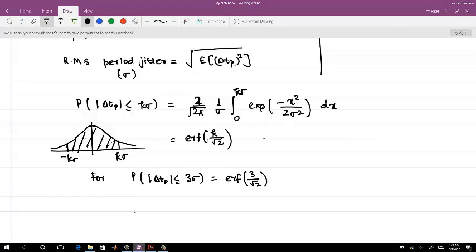This turns out to be a probability of 0.9978 or so. Now if I measure for a 3 sigma value, if I measure 1000 samples, then I will have 2 in error or 1 in error.